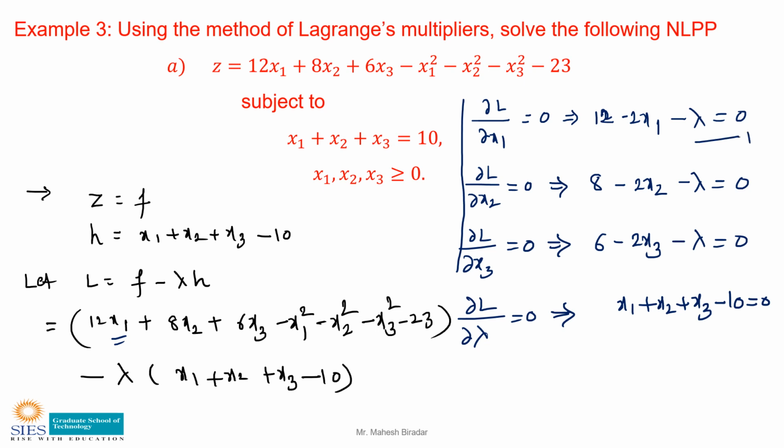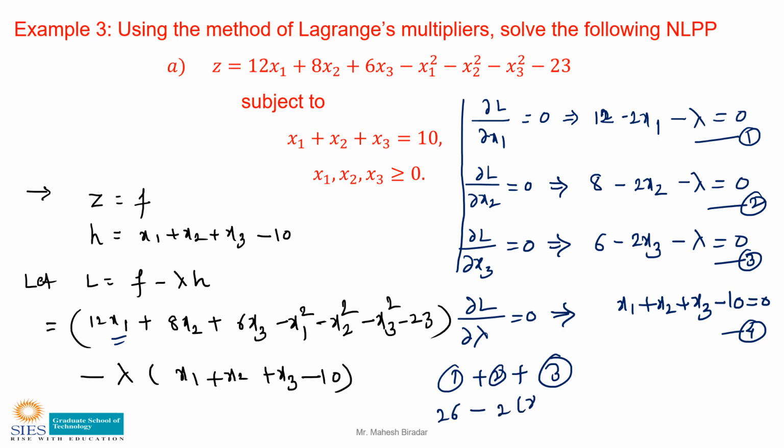Now we add equations 1, 2 and 3, and we have to use equation 4. You need to solve these equations and find x1, x2, x3 and lambda. If you add all these equations, 12 plus 8 is 20, plus 6 is 26, then you can take 2 common. So this will be 26 minus 2 times x1 plus x2 plus x3, minus 3 lambda equal to 0.